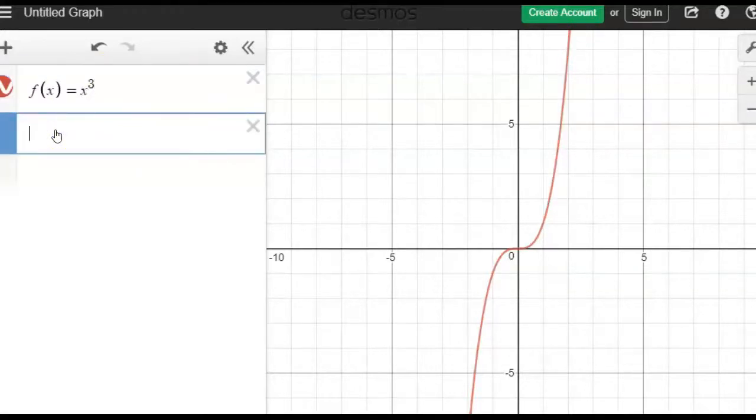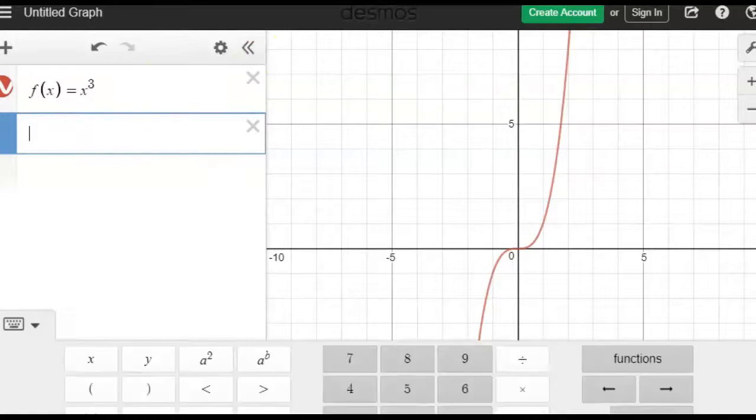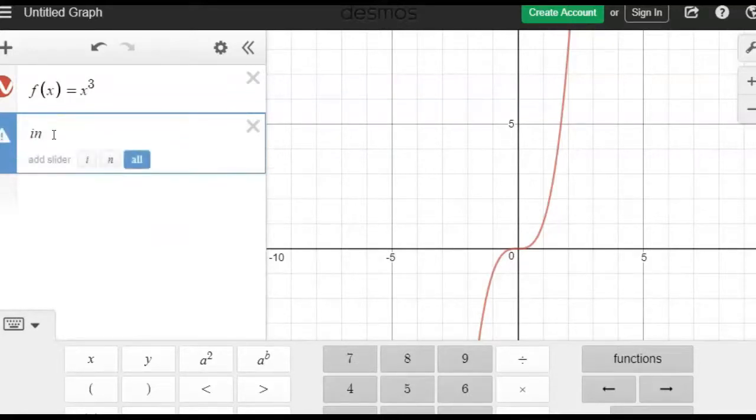Okay, now on the second line, type in the integral. So open up the calculator and under functions, there should be an integral key. Okay, INT. I don't know what's going on with my left. Okay, there we go. Now you just type it in.